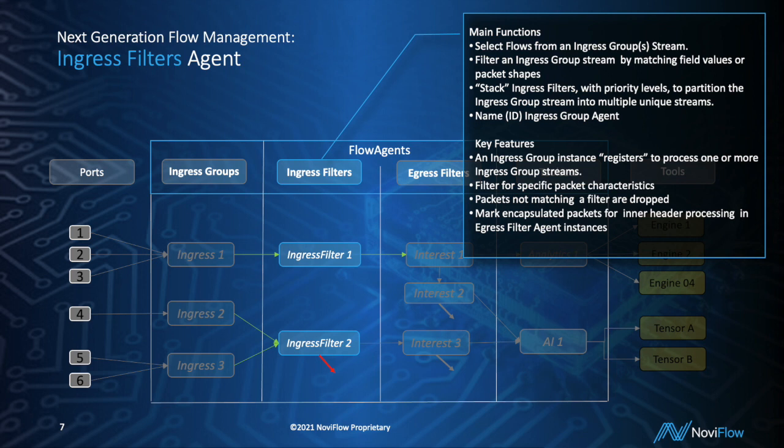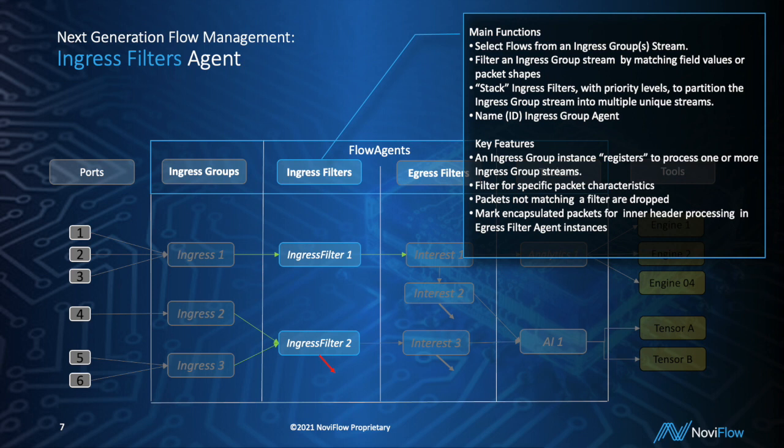The shape of the packet would be, is this packet encapsulated in MPLS level 2, not MPLS 1, not 3, 2, and only that. So in this case, I would be getting my data from here, and when I put my filter on, it is now selecting those, and there'll be a whole bunch of them that it doesn't select, and we'll talk about what happens to that. So anything that doesn't match an Ingress filter just gets dropped.